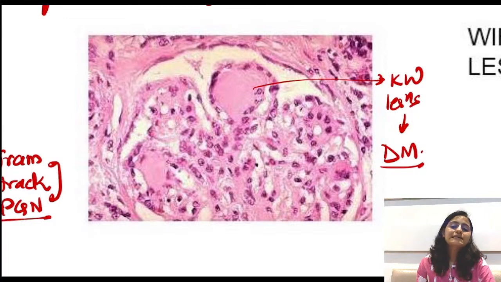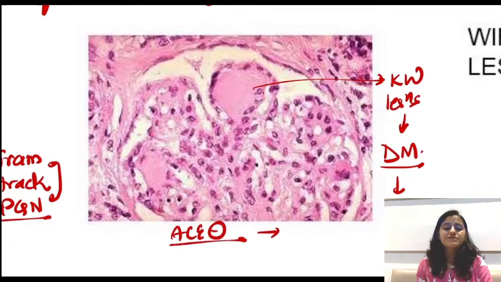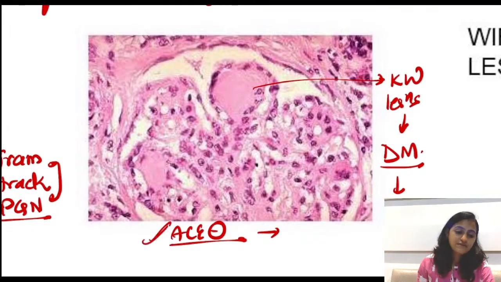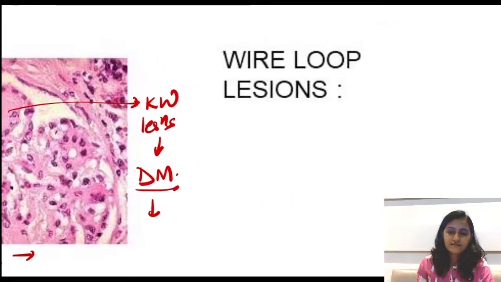Remember that the KW lesions are seen with diabetes mellitus. What drug do you give for diabetic nephropathy? It is ACE inhibitors when there is diabetic nephropathy. So hypertension with diabetes, we should give ACE inhibitors. Okay, these are KW lesions, diabetes.